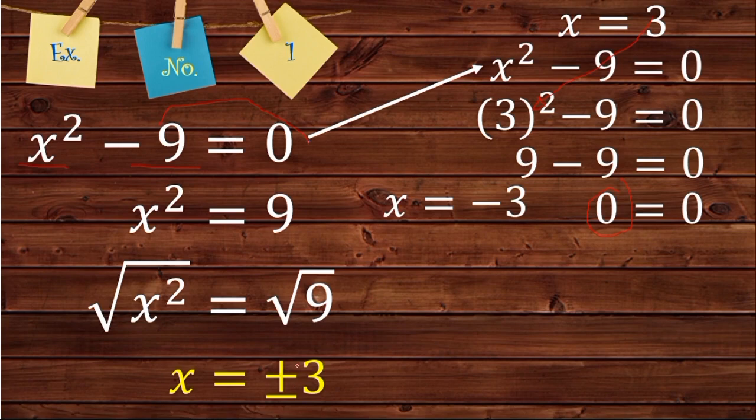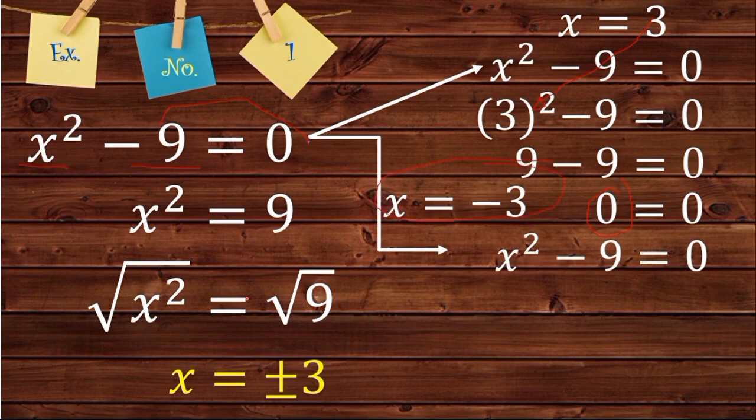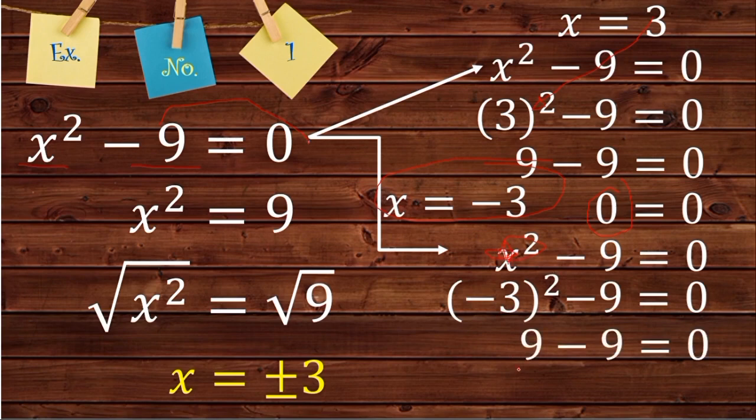Let us now try negative 3 this time. Again, you have to write the original equation para mas madaling mag-substitute. Okay? Replace x with negative 3. Negative 3 squared is also positive 9, because negative times negative is positive.